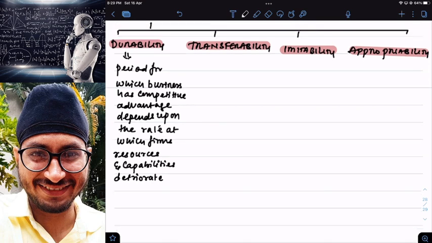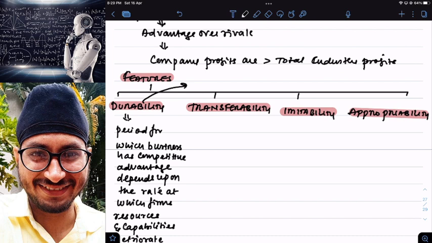Durability is a problem especially in the IT industry. Why? New technologies keep coming. The advantage I have right now, I may not have in 3 or 4 or 5 or 6 months. When new technology comes, the advantage will go.